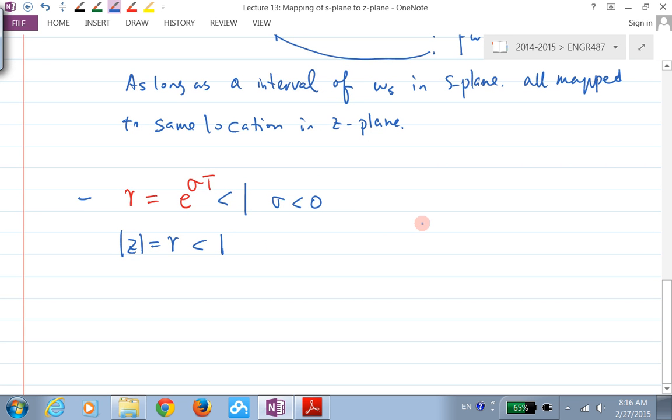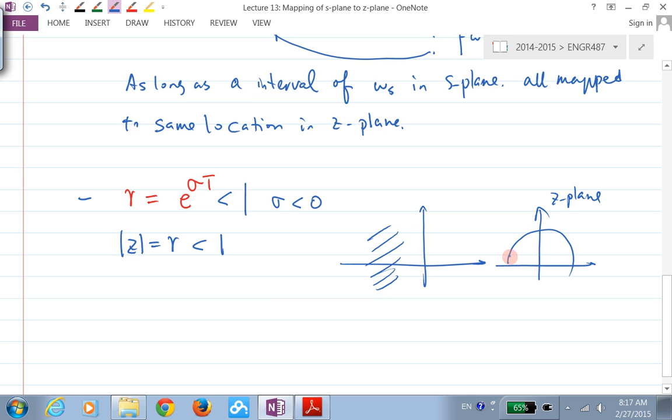What we're looking at is the left half of the S plane. Everything in the left side of the plane will be mapped into the Z plane with a pole magnitude less than 1. Which means this is the unit circle, and it's all going to be mapped inside it, and it's stable.